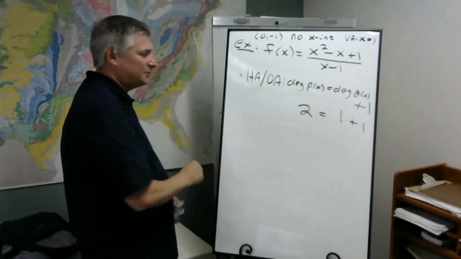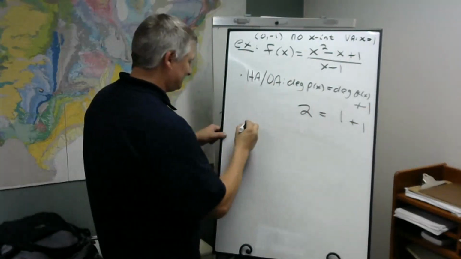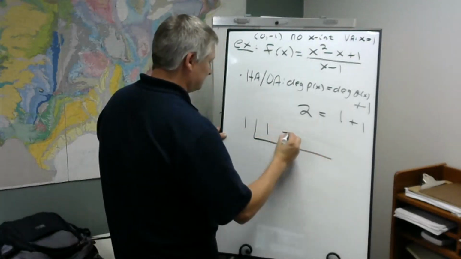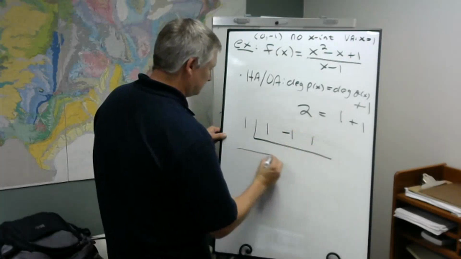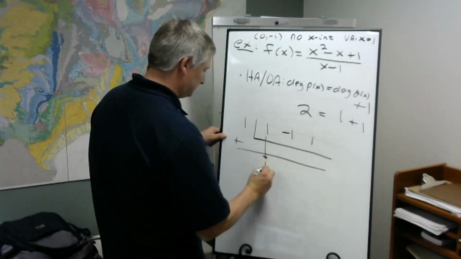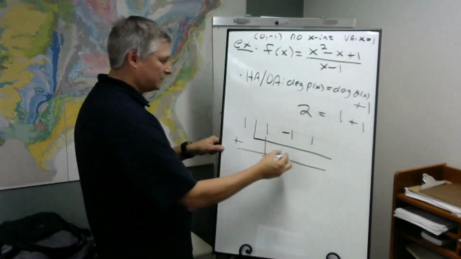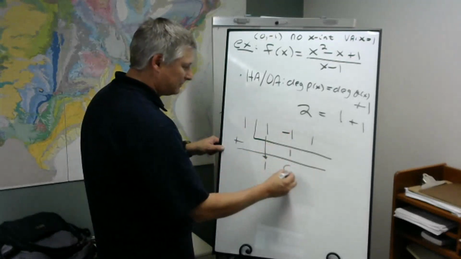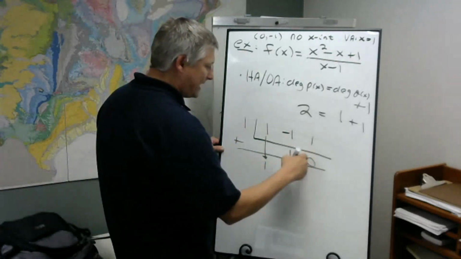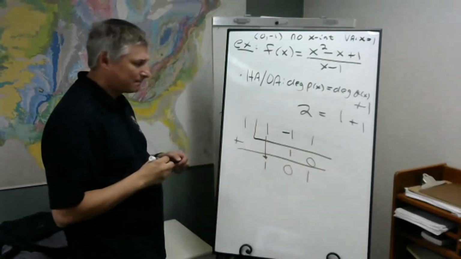Now to do this, let's use synthetic division. So 1 times 1 is 1. Add it, we get 0. 1 times 0 is 0. Add these, we get 1.